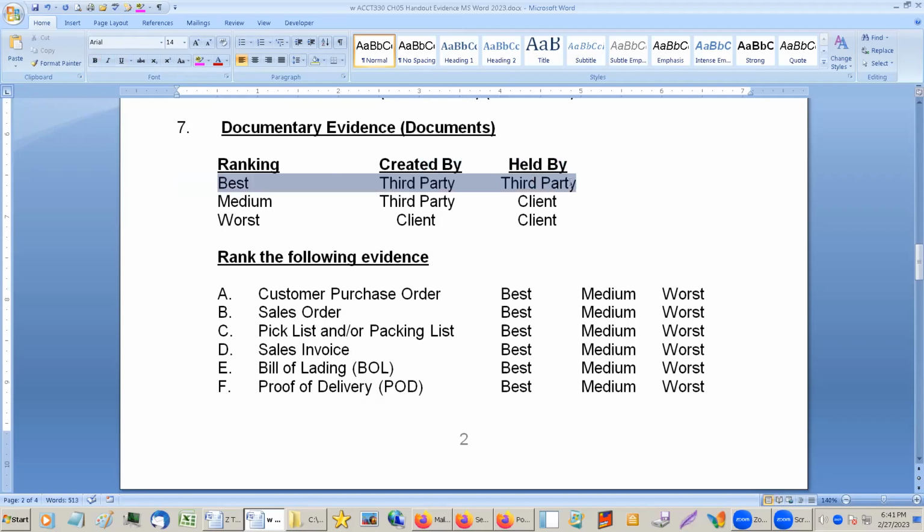And the best is when we have it created by, I'll make it green, a third party and held by a third party. And we'll talk about what some of these are.